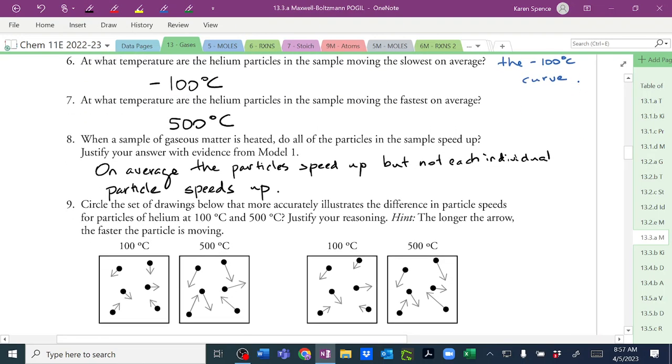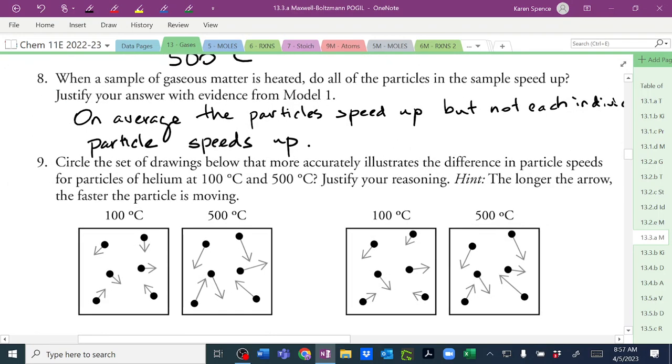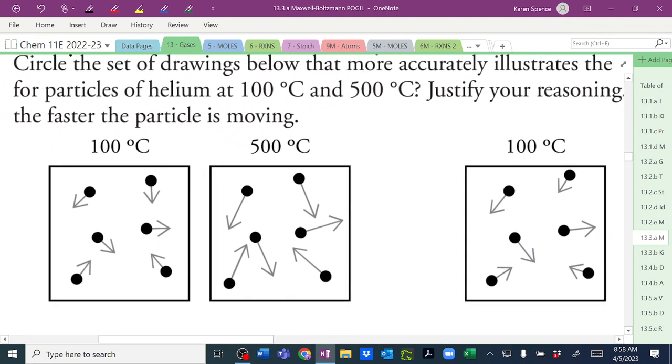All right, let's see. Circle the set of drawings below that more accurately illustrates the difference in particle speeds at 100 degrees and 500 degrees. Hint, the longer the arrow, the faster the particle is moving. All right, so let's take a look at these. At 100 degrees, what would it mean that all these arrows are the same length?